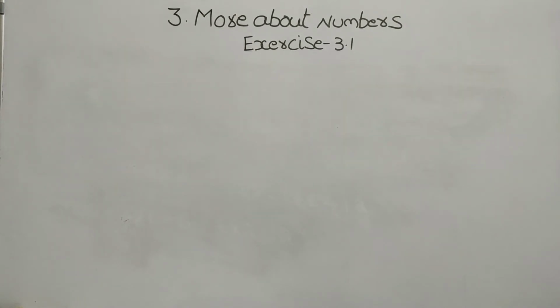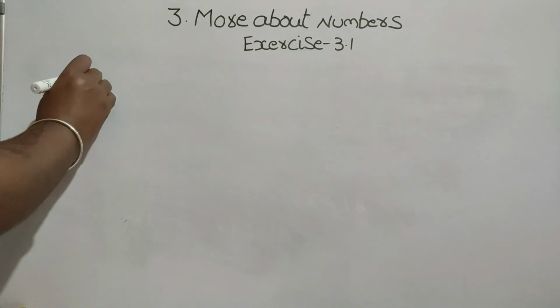In the exercise, they asked: find a perfect number greater than 10 but less than 40. The perfect number greater than 10 and less than 40 is 28. How is it a perfect number? We'll see.